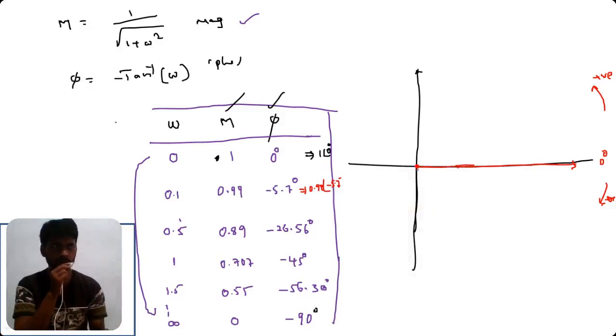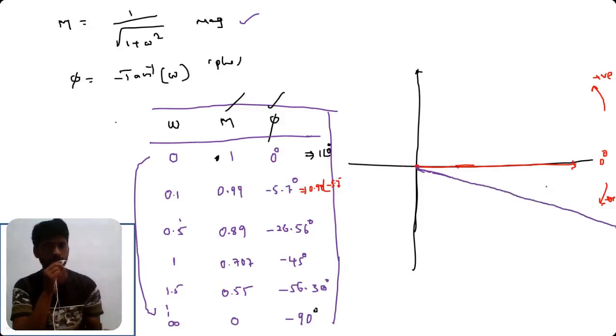We have to draw a line at minus 5.7 degrees, and on this line we take magnitude 0.99.